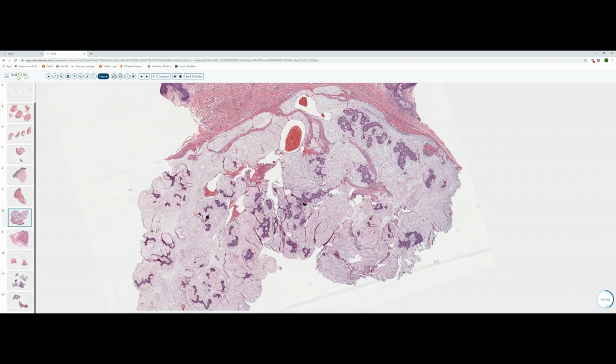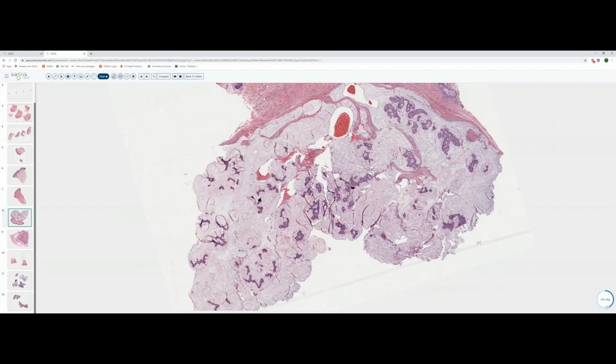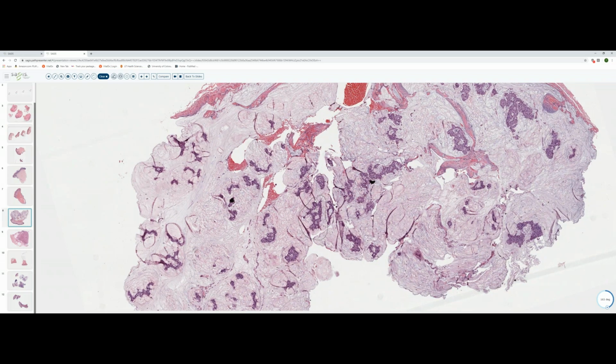But the bottom line is, the patients need to be carefully questioned, thoroughly examined, and imaged to rule out a metastatic mucinous carcinoma. These tumors are probably closely related to another adnexal low-grade carcinoma that's been recently described, the so-called endocrine mucin-producing sweat gland carcinoma.